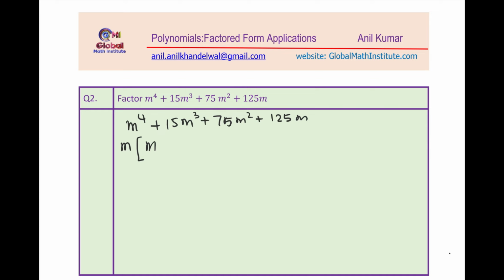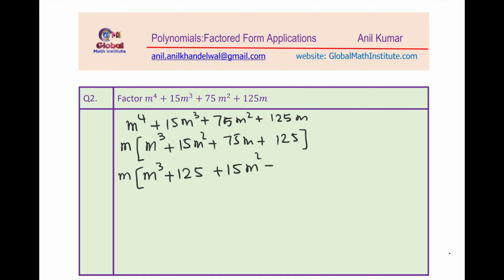We have m times m cubed plus 15m squared plus 75m plus 125. 125 is 5 cubed, and we see all the others are also multiples of 5. So that helps us to identify that this could be an application where we could use the a cube plus b cube formula. So we are rearranging, as you can see now.